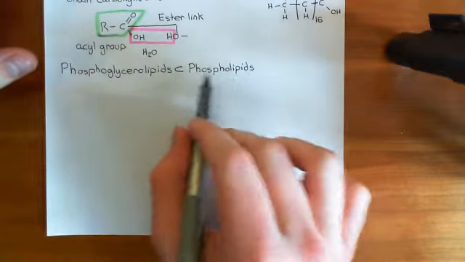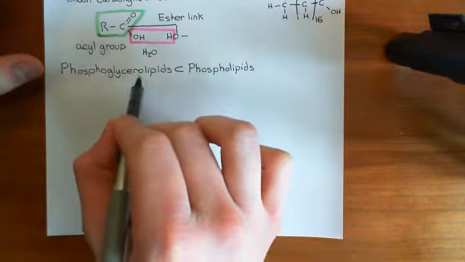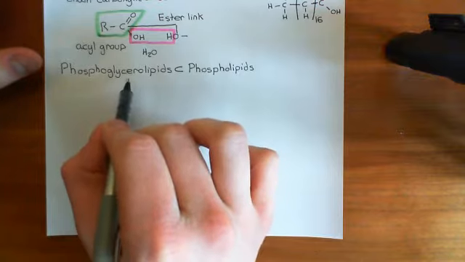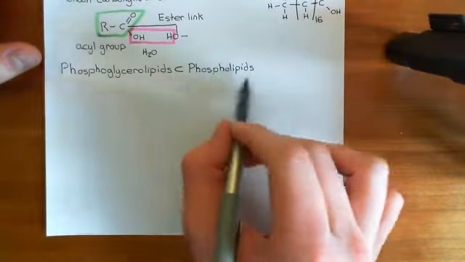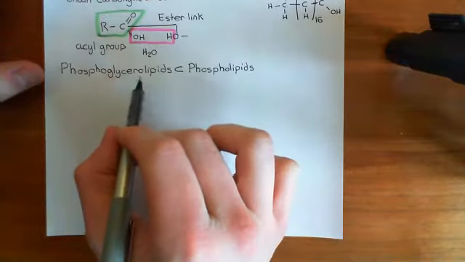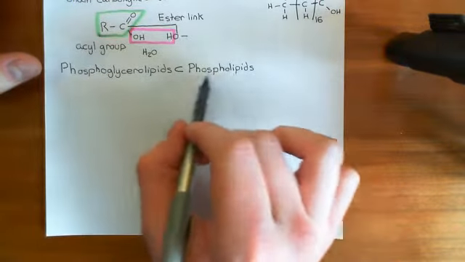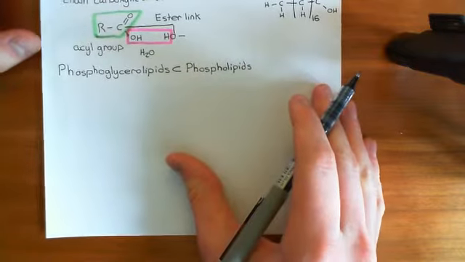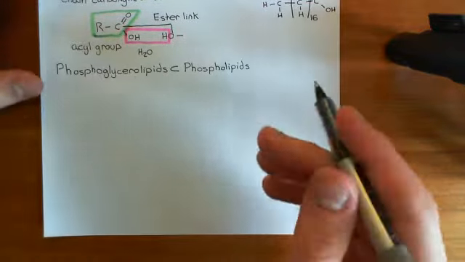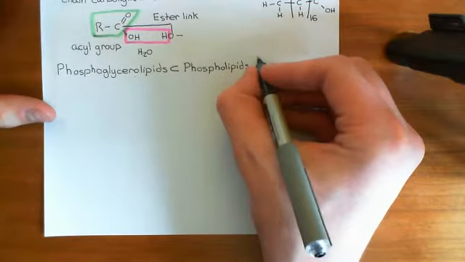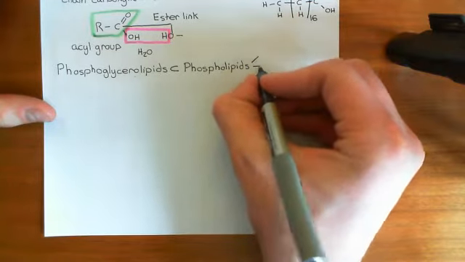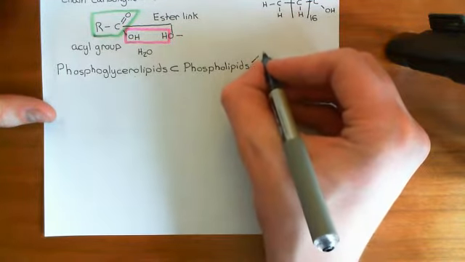When people generally think of phospholipids, they think of a phosphoglycerolipid, but the set of phospholipids is actually broader than just the phosphoglycerolipids. There are molecules that are considered phospholipids that are not phosphoglycerolipids.